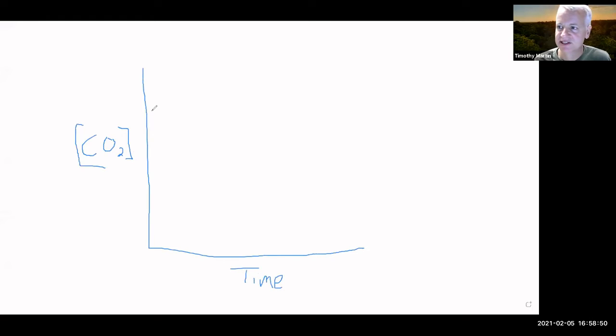So let's say we've got time on the x-axis, CO2 on the y-axis, CO2 concentration. So this leaf is in this closed system.